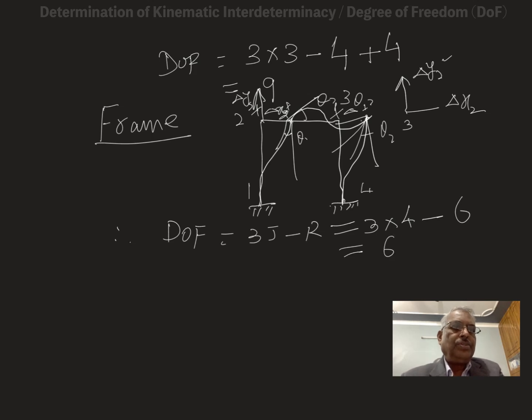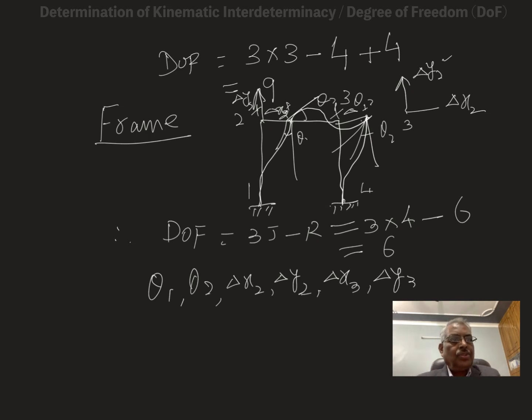Degree of freedom is 6. Now you can see theta 1, theta 2, delta x2, delta y2, delta x3 and delta y3. So these are the 6 degrees of freedom we can find from the deflected shape.